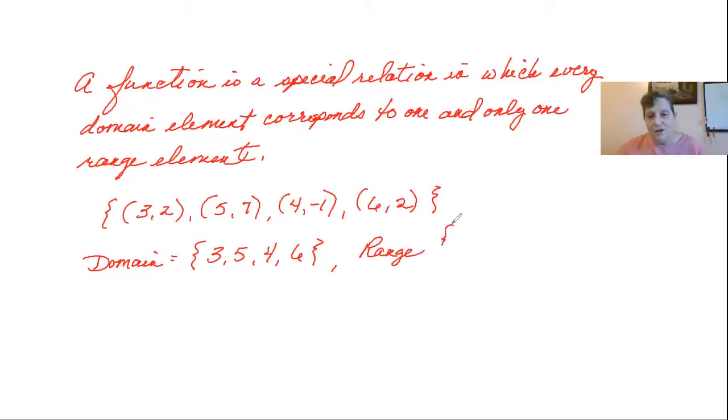Our range is the set of 2, 7, -1. 2 is twice. Do not list anything more than once. We typically do not list something more than once in a set. Now, this is not obviously going to be a one-to-one correspondence of any kind, because we've got more elements in the domain than we do in the range.